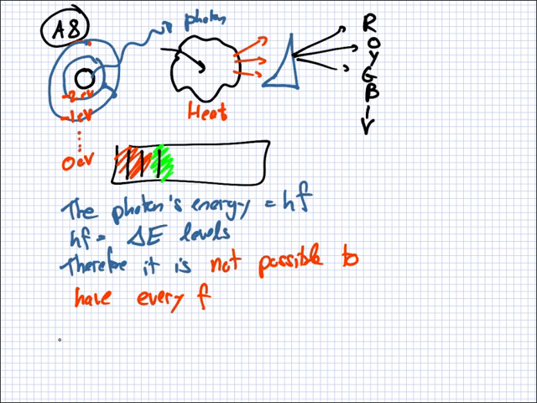Pictures are good. You don't have to draw the pictures, but the electron jumps from -1 electron volt to -2 electron volts in my made-up example. That means the photon that was released has an energy of 1 electron volt.